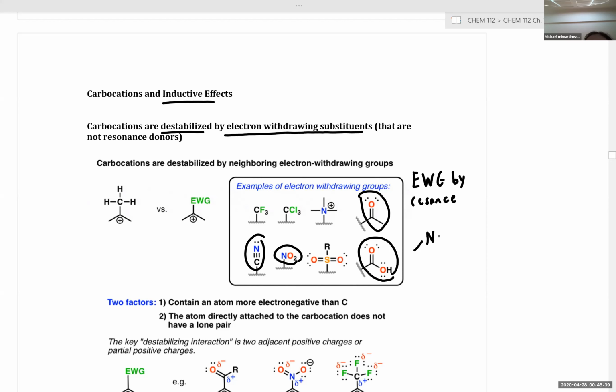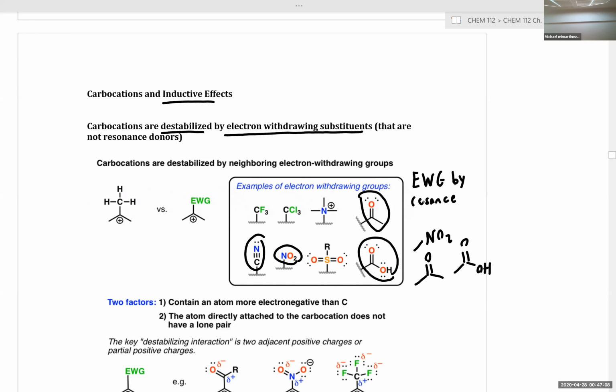These are your nitro groups, your ketones and aldehydes, and your carboxylic acid. And the reason why these groups are especially destabilizing is they're not only inductively withdrawing, but they also pull electron density towards them via resonance, and they can easily delocalize electron density via resonance.